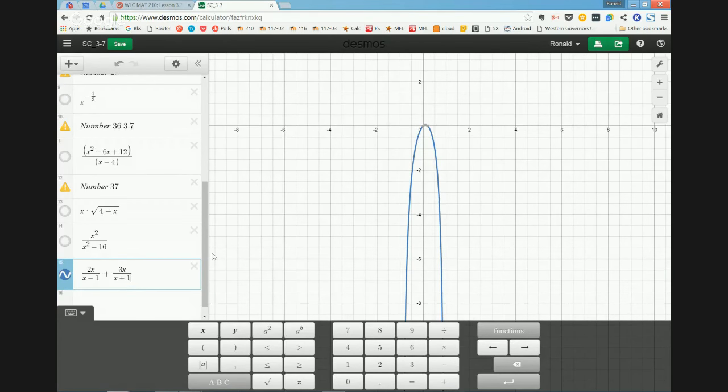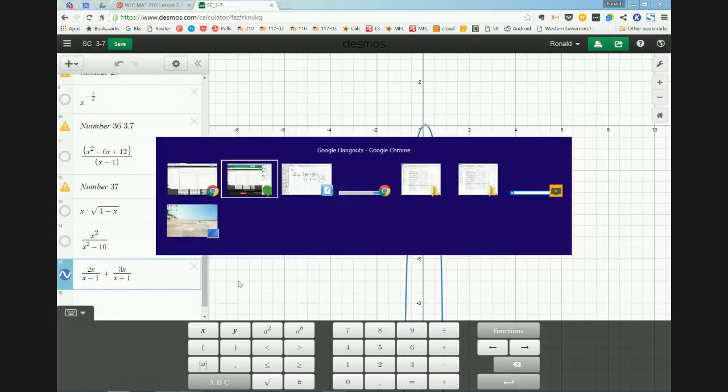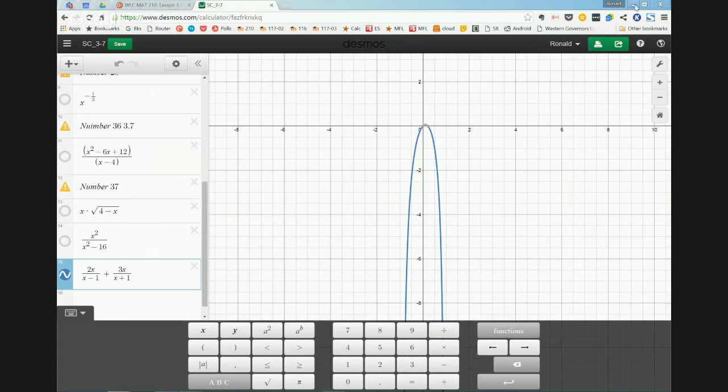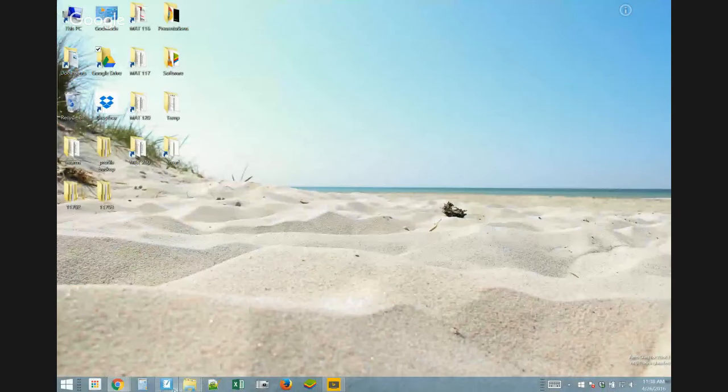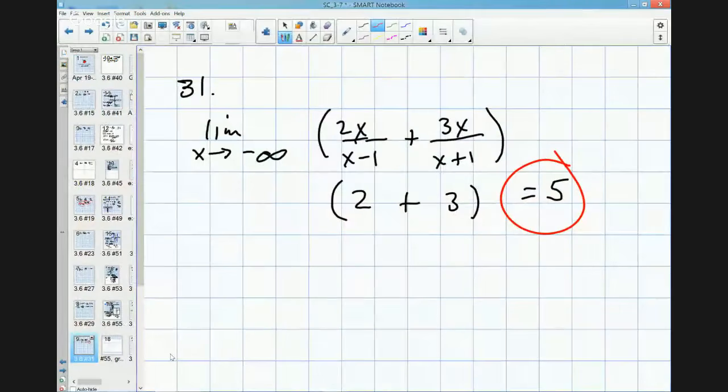Okay? So, sorry, what are we supposed to be doing? Am I in the wrong problem? I got to quick go back and take a look. Where were we? Okay. So as x approaches negative infinity, maybe the graph isn't helping us, huh?